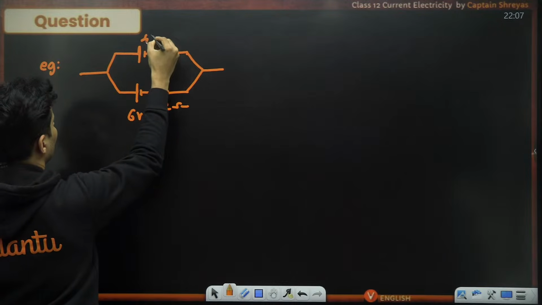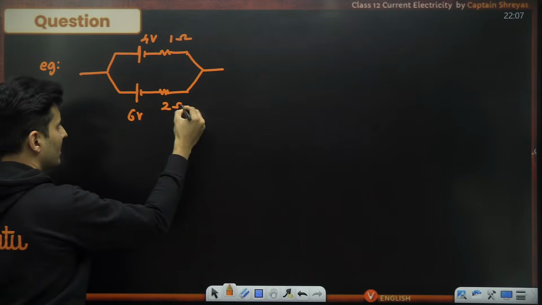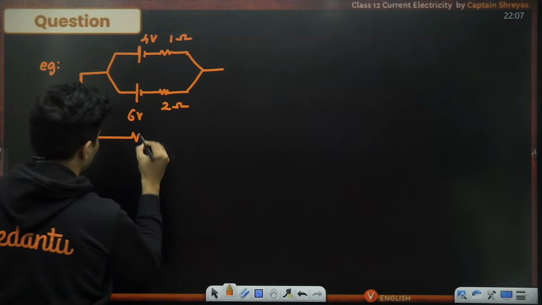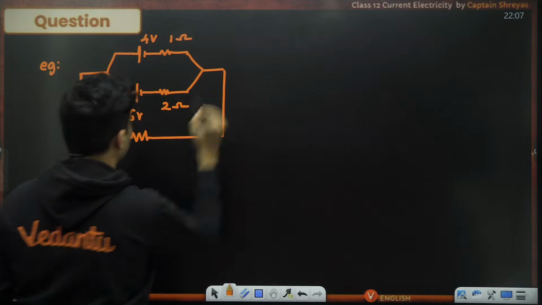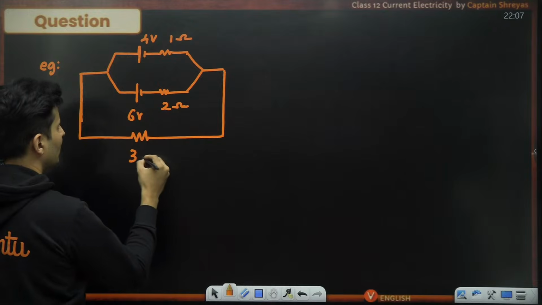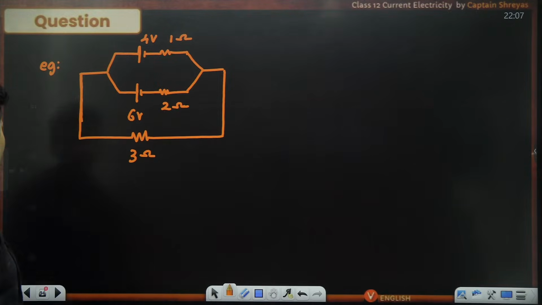Let's say this is 4 volts, 1 ohm. Can you convert this into a single battery? And what if this is connected to something over here, maybe of 3 ohms or something like that? Okay. So can you find the current in the circuit, etc.?